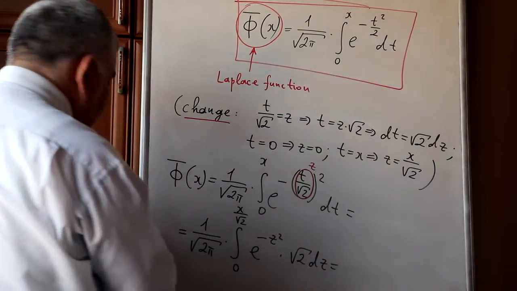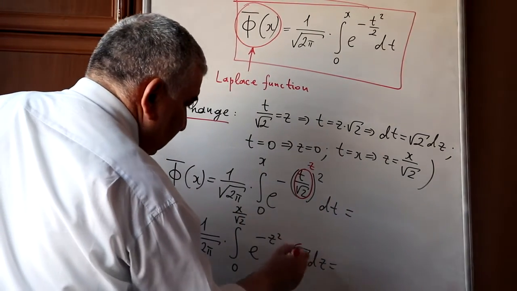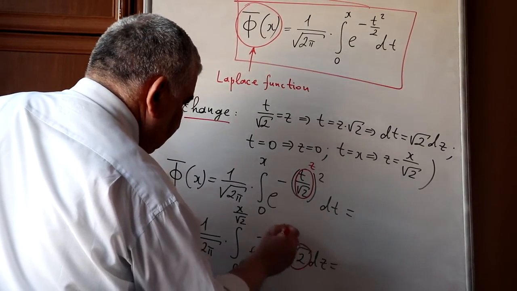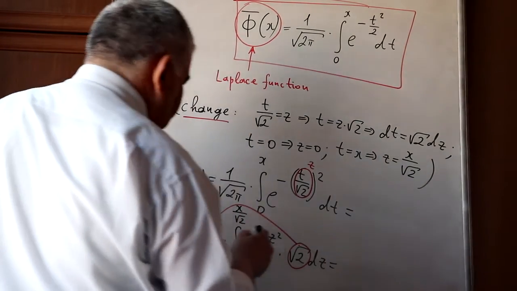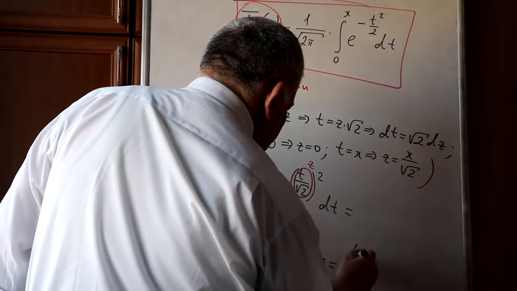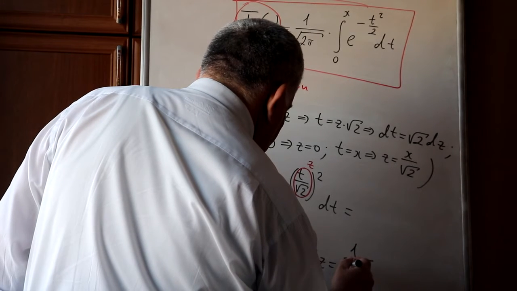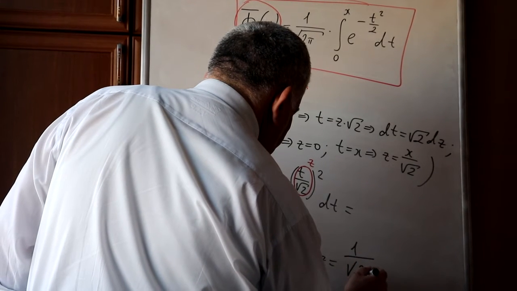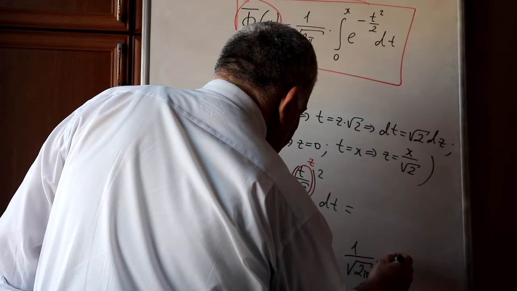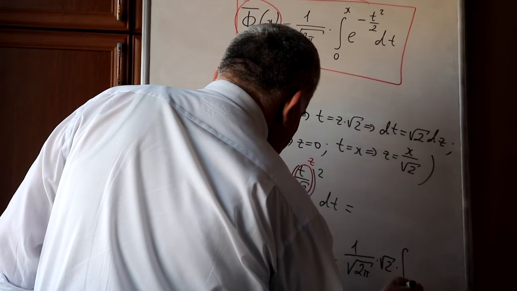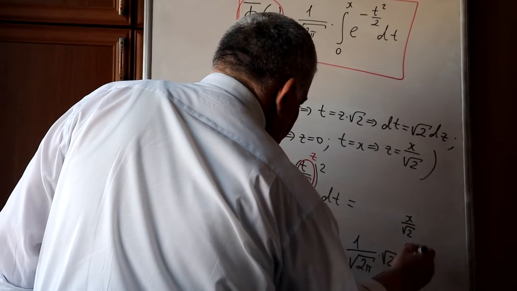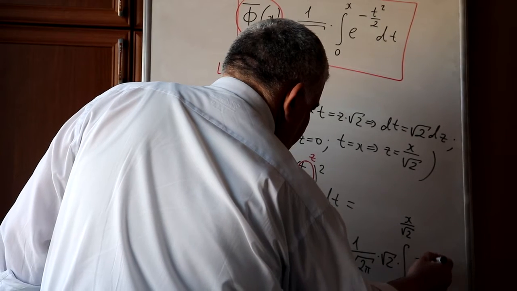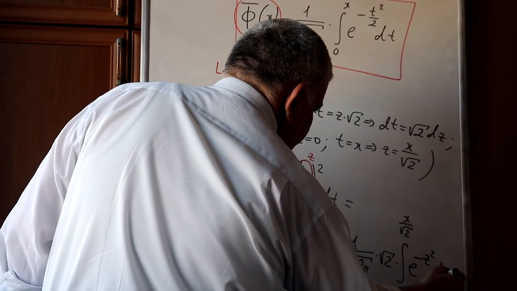Then we can take the square root of 2 out of the integral symbol. Then we will have 1 over square root of 2 pi multiplied by square root of 2 multiplied by the integral from 0 to x over square root of 2 of e to the minus z squared dz.